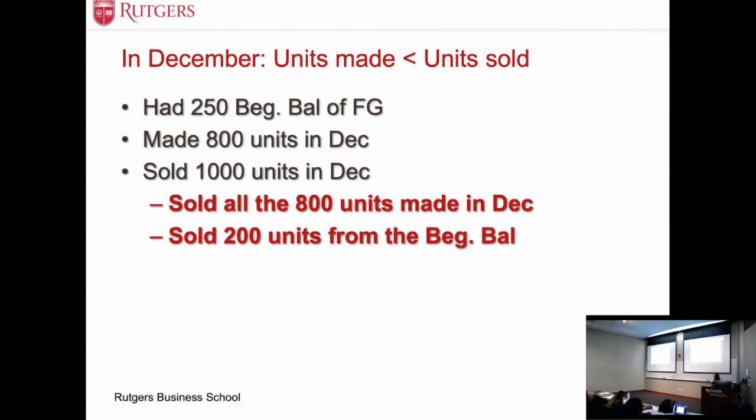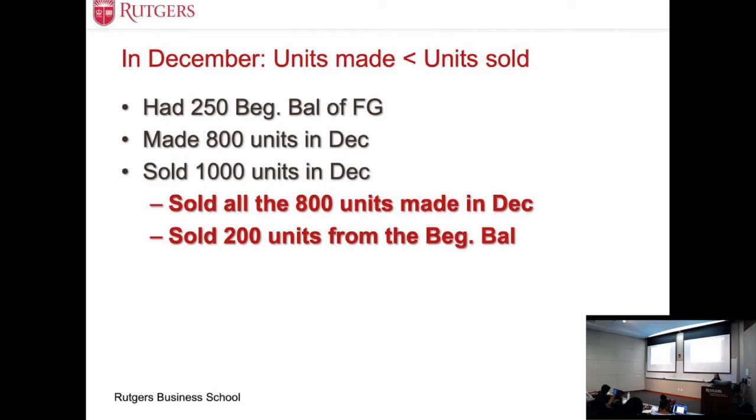So it means that we will sell the units that we just made, right? So among the 1,000 units that we sold, 800 is from what we made in this month, right? So that's the FIFO, first in, first out. And then we draw 200 units from the beginning balance left from November.